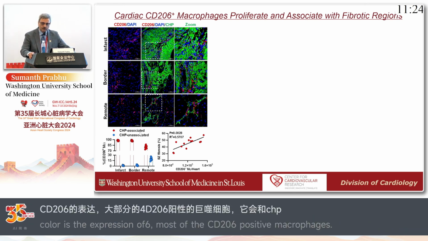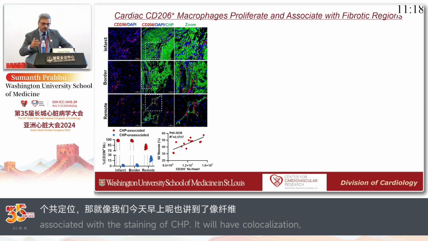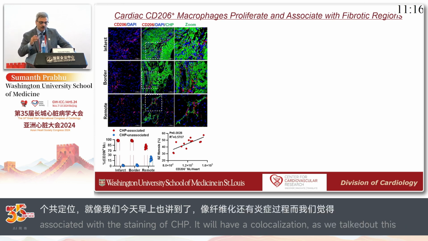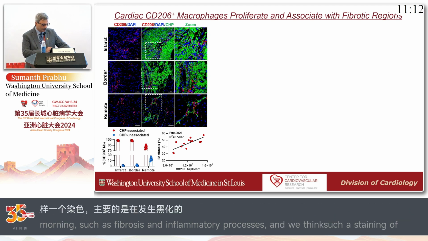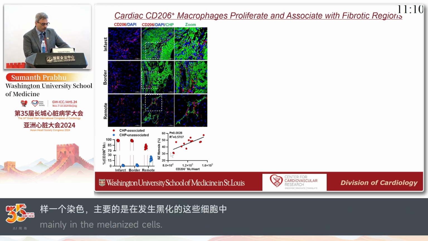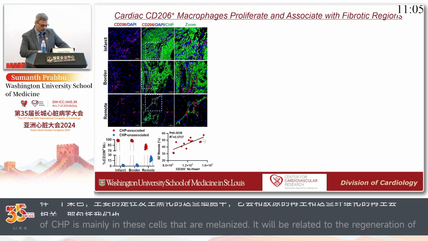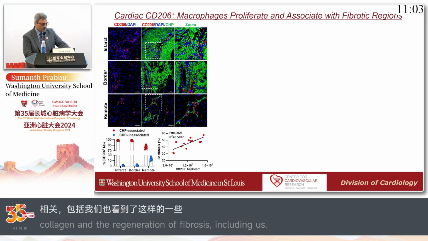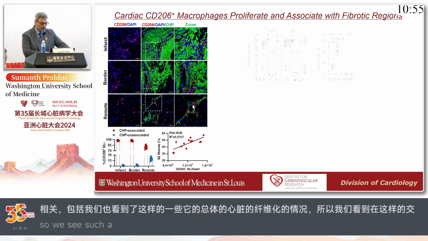And we talked earlier in the morning about the fibroinflammatory axis. This is really an immunofibrotic axis that we are seeing in the myocardium, where these macrophages are intimately associated with sites of collagen turnover. And in fact, they correlate very well with the amount of border zone fibrosis. We've also shown this with total fibrosis in the heart. And this occurs in the infarct zone, in the border zone, and even in the remote zone. You see that most of these cells are clustered around these fibrotic areas.